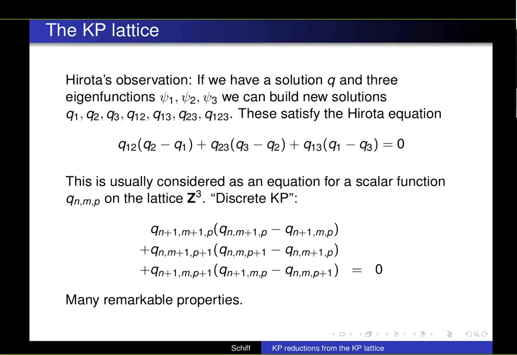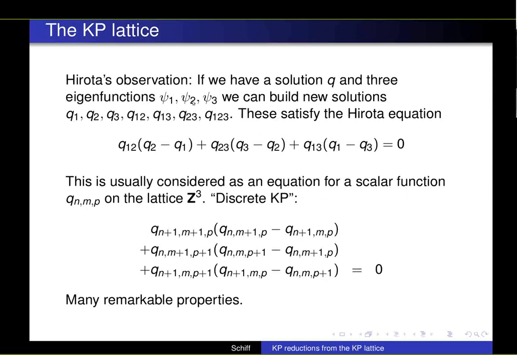Okay, so now Hirota, who is another big name in this, also from the Japanese school, passed away a few years ago. Hirota made the following observation: if we start with an initial solution Q, and we have three eigenfunctions, psi1, psi2, psi3, we can build solutions. We can use one of the psis to get Q1, Q2, Q3.